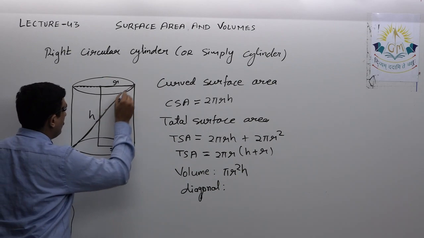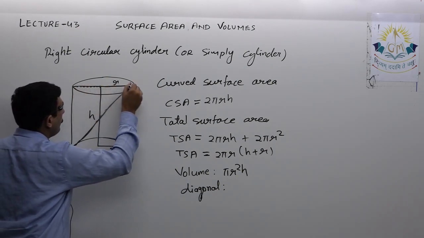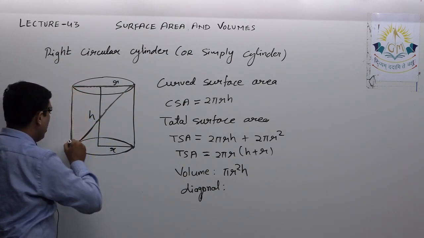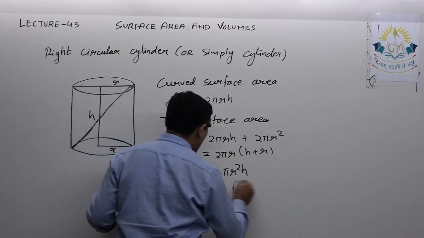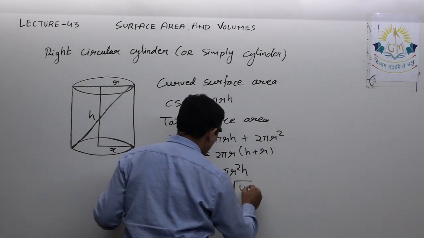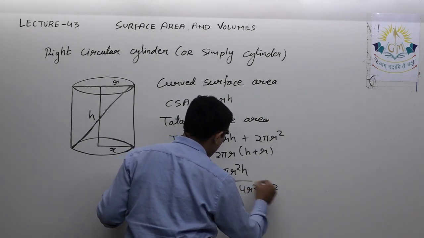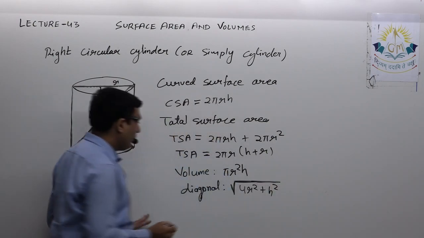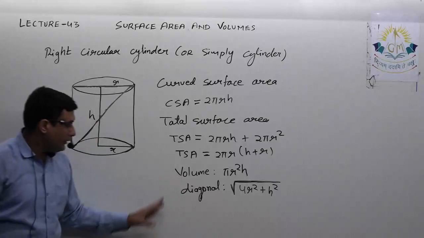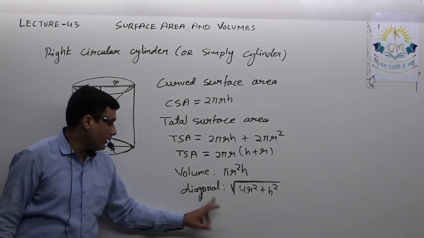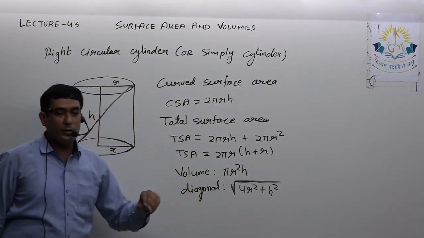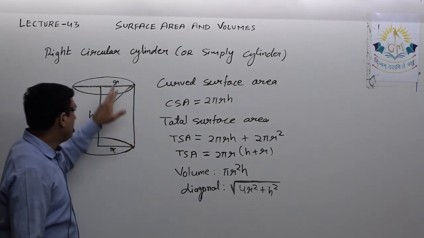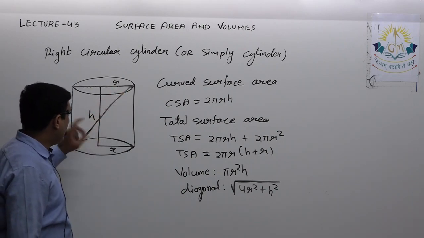Simply I can apply the Pythagoras theorem. This is 2r because the radius is r so the diameter is 2r, and this is the height. So I can write it is root of 2r whole square, that is 4r square plus h square. However, this is just a use of the Pythagoras theorem. But still, if you want to note it down, you can include this as a formula of the diagonal, or the length of the longest rod that can be kept inside a cylinder whose radius is r and height is h.